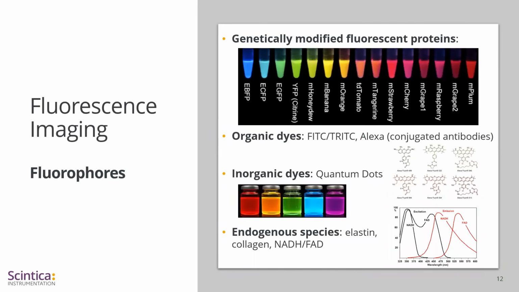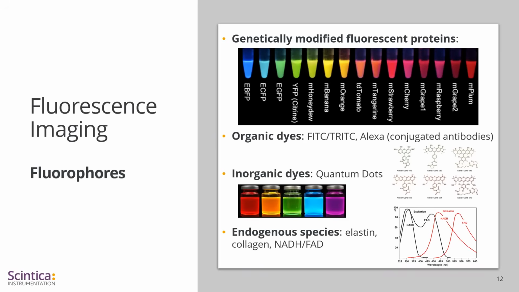The fluorophores in the tissue can come from different sources. They can be genetically modified fluorescent proteins, ranging from blue all the way to far red. Or they can be organic dyes, such as FITC and TRITC, which are green and red dyes, typically used for vasculature imaging. Or Alexas, which are also a vast range of colors that are typically conjugated to antibodies for targeted imaging.